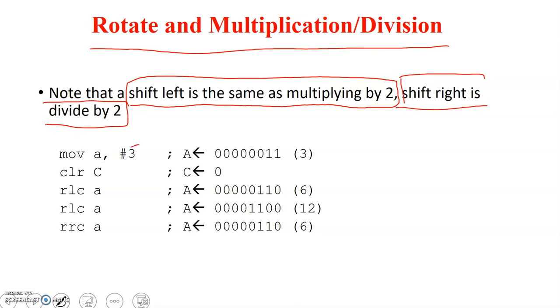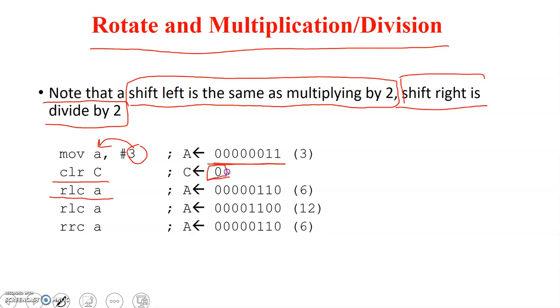Say I am moving number 3 to A. So this is your number 3 and it has been moved to A. I'm clearing C. Then I am rotating the content of A to the left, using RLC, rotate left with carry.